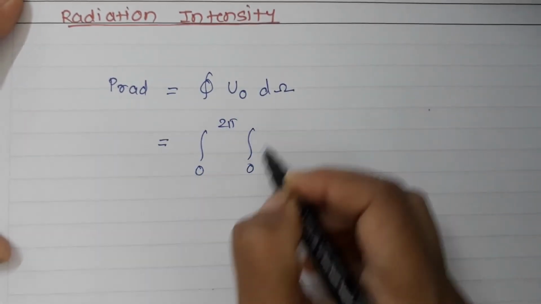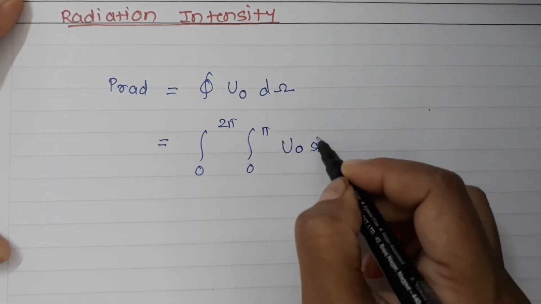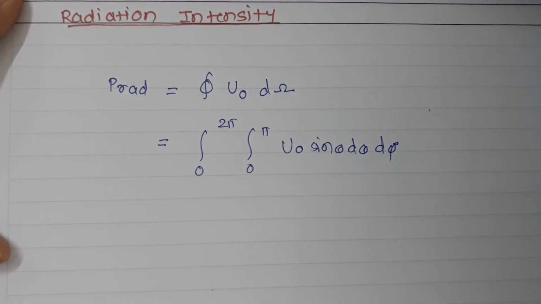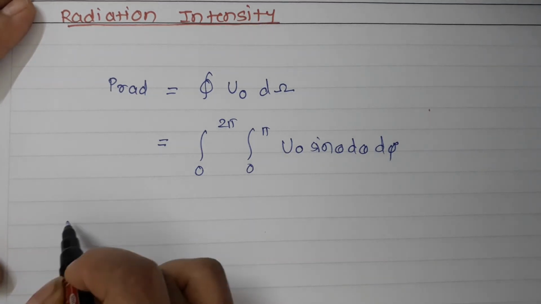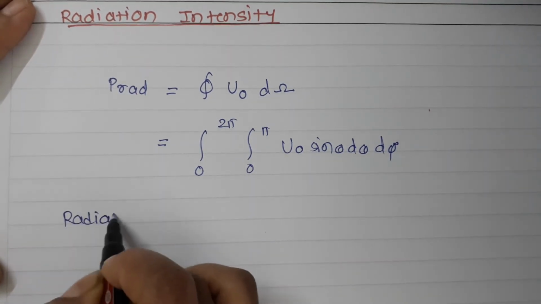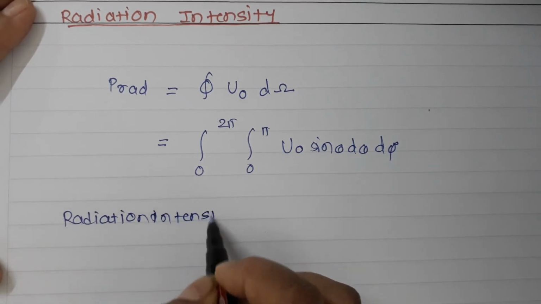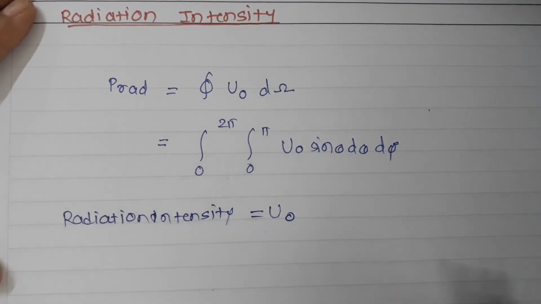So I can calculate integral 0 to 2 pi, 0 to pi, U0 sine theta d theta d phi. Here our source is an isotropic antenna, radiating power equal to P radiated, and the radiation intensity here is equal to U0.